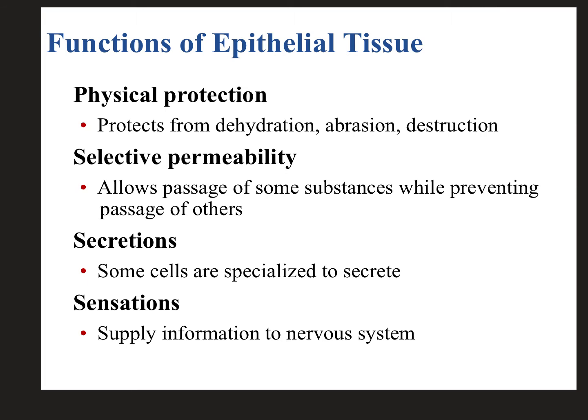Loss of water from the tissue underneath. That's why burns are so problematic. What is the problem with having someone who has severe burns? Well, you disrupt the epithelium, and the clinical problem then is loss of fluid to the environment, which causes dehydration. Okay?